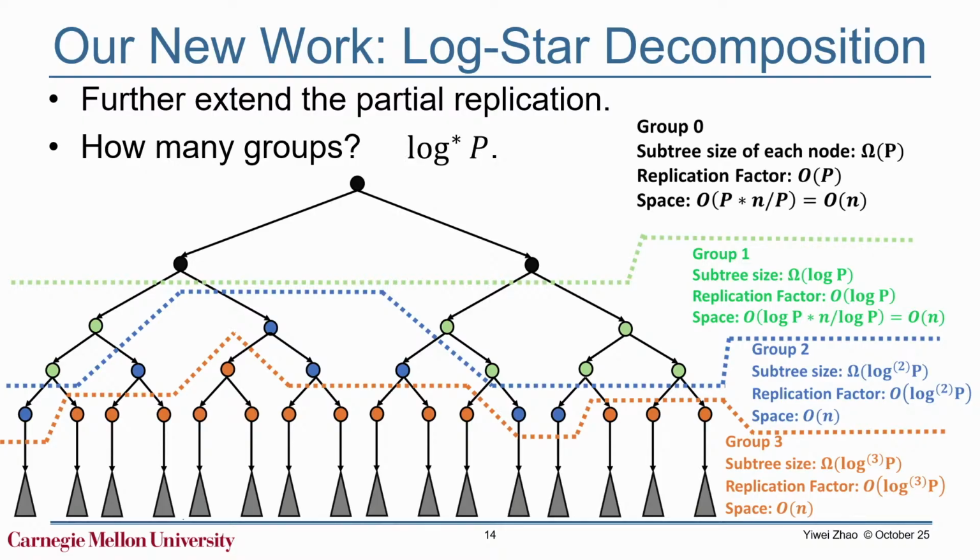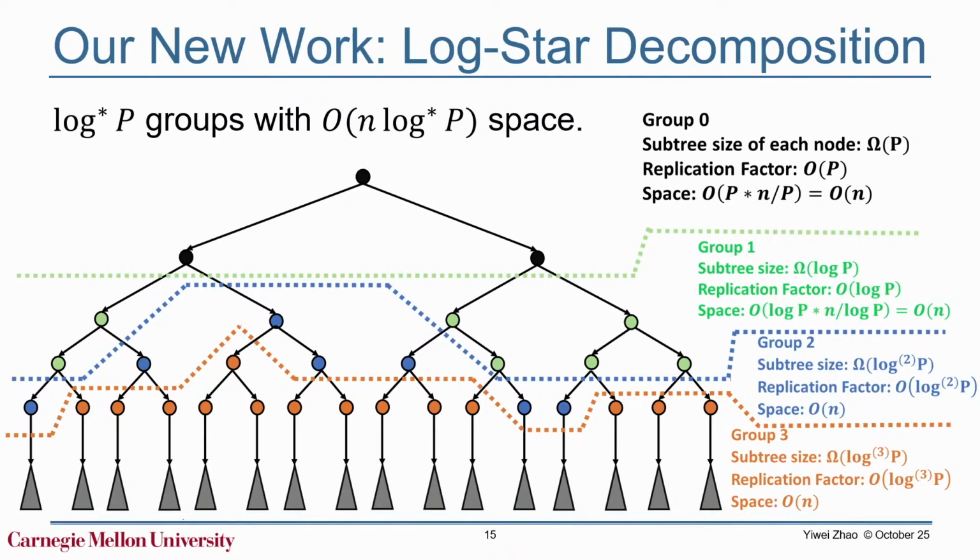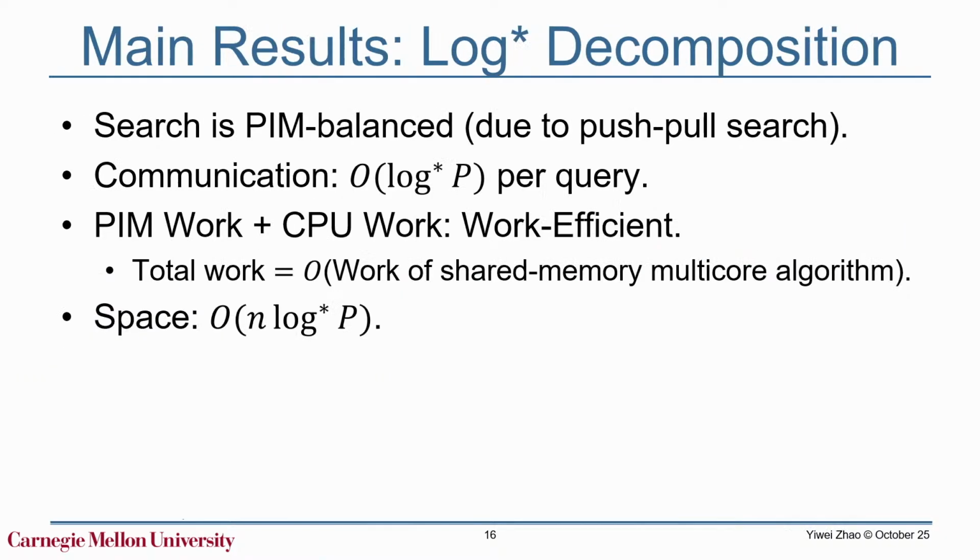As you multiply the number of nodes in this group by the replication you need, you can find out that the space in each group needs order of n space. So as a result, if we divide this into log star P groups, we can have order of n log star P space to enable all of these internal searches along the group to be local.